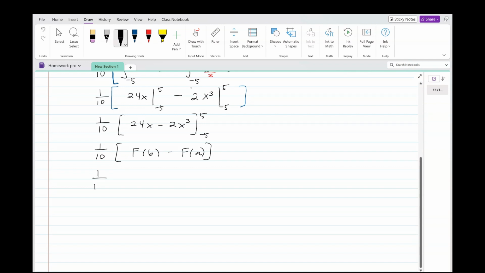So 1 over 10. f of b is going to be my high value, which is 5. So it's going to be 24 times 5 minus 2 times 5 to the third power. And this is f of b, minus f of a.